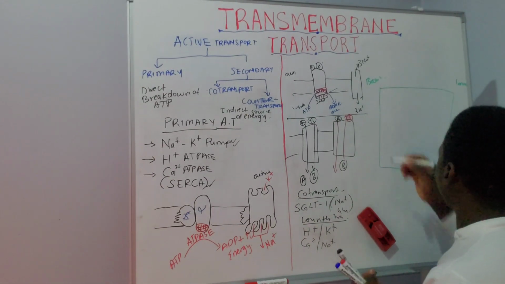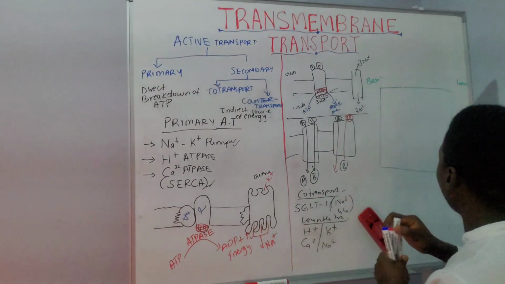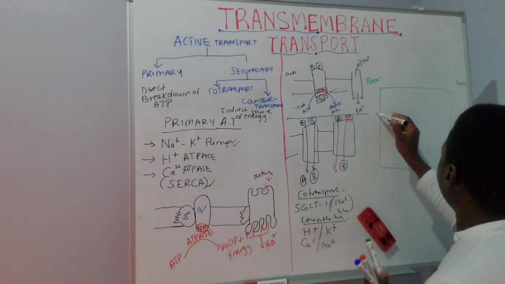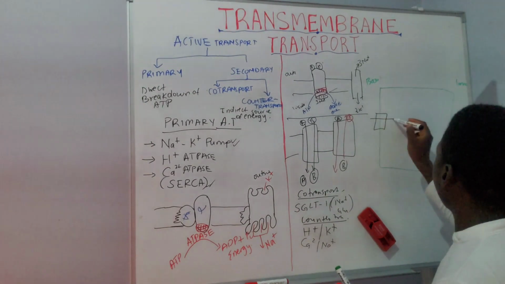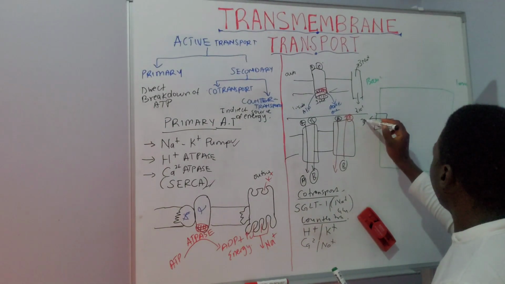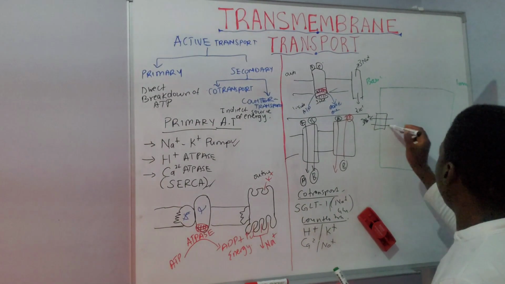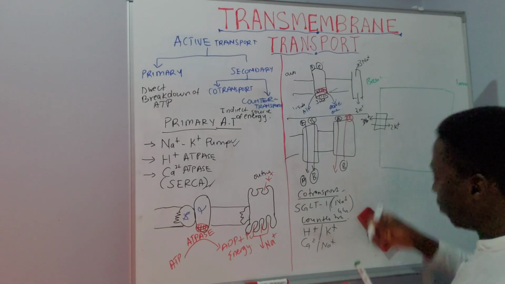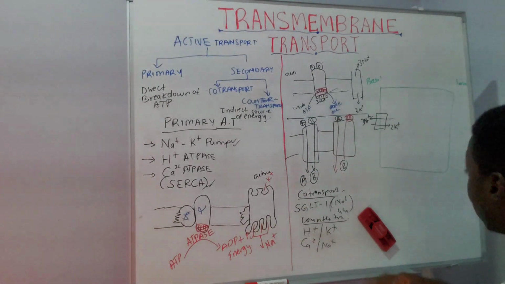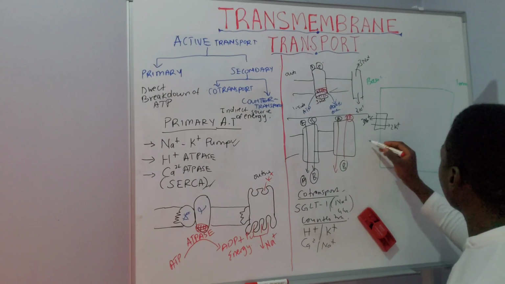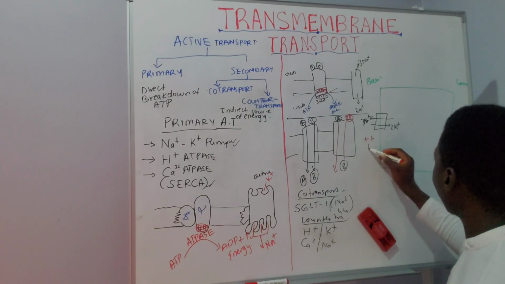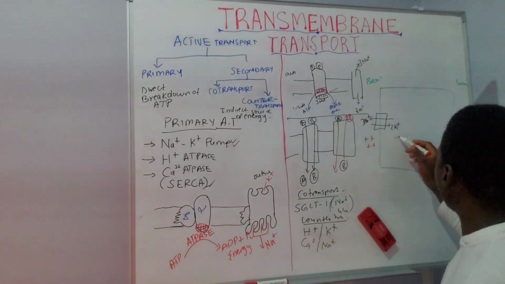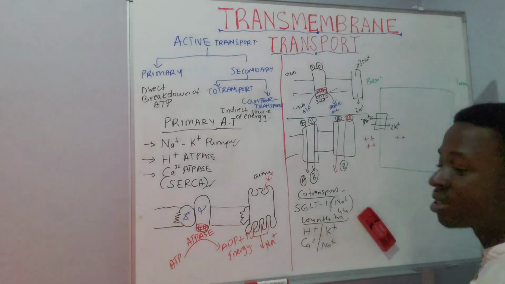We have our sodium potassium pump here, pumping 3 sodium out and 2 potassium inside. So eventually you're going to have more sodium outside the cell and less sodium inside the cell.